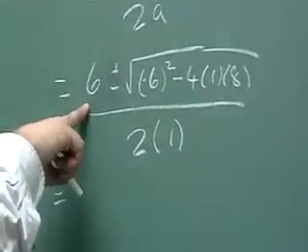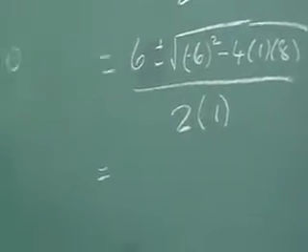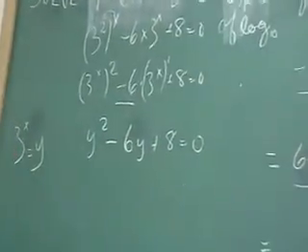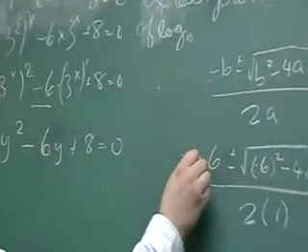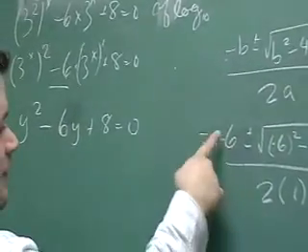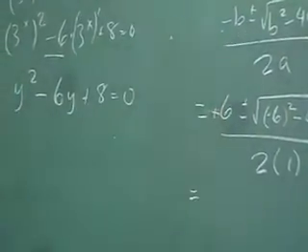Again, b is a negative 6 right here, and it's a negative b, so it's negative negative 6 equals positive 6.